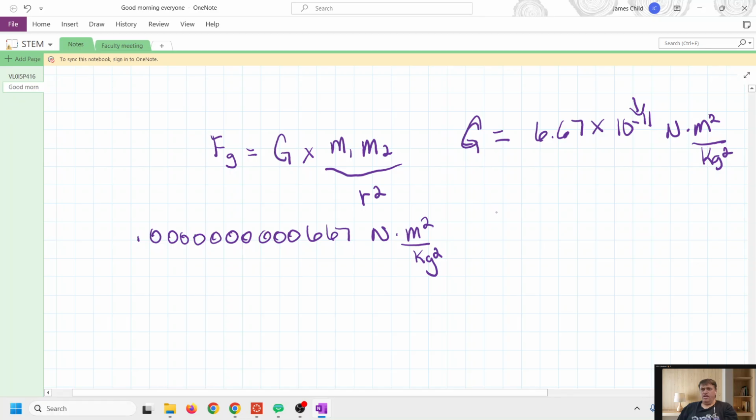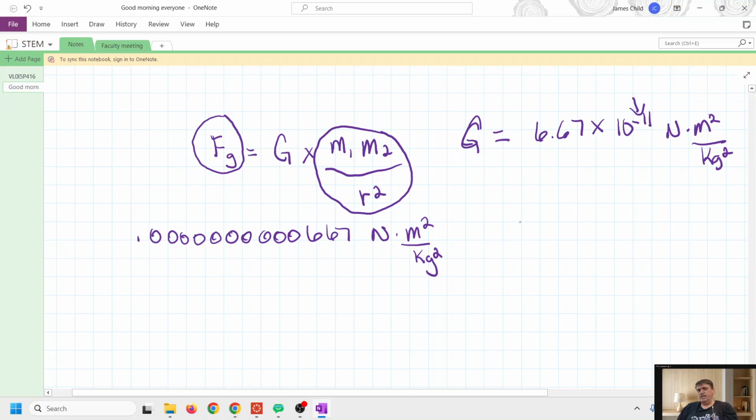So let's do that. Let's say that I've got a force, a Newton force. Let's say I've got this force here, because that's what we're calculating here, right? And notice, this is going to be kilograms here, and this is going to be meters squared here, right?